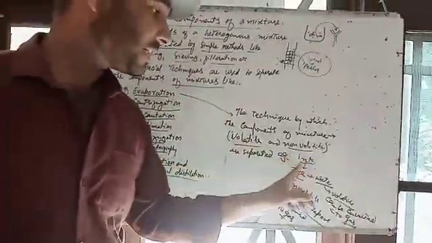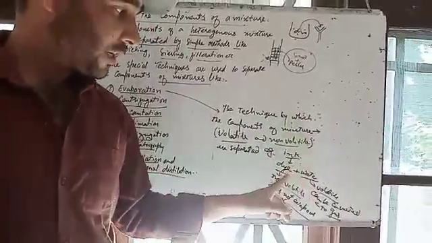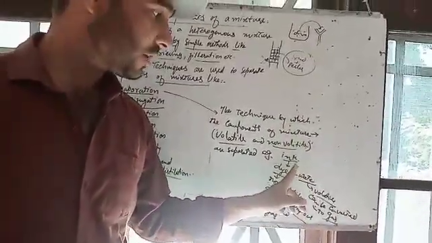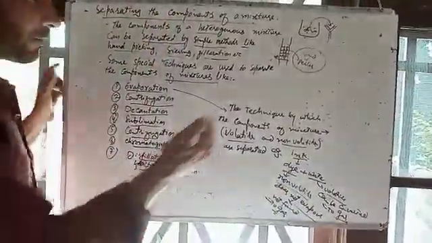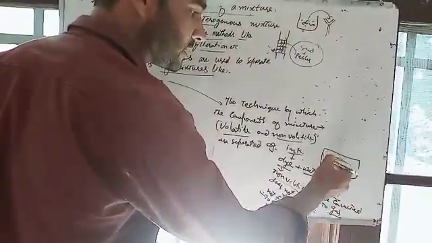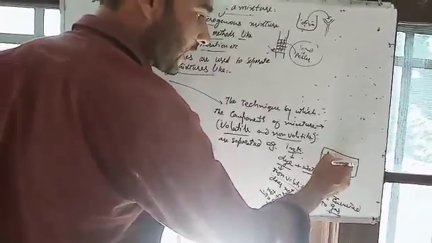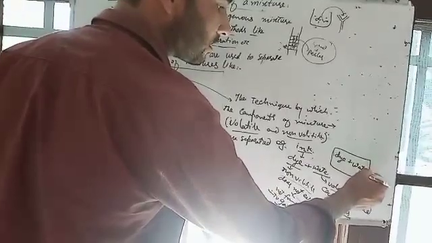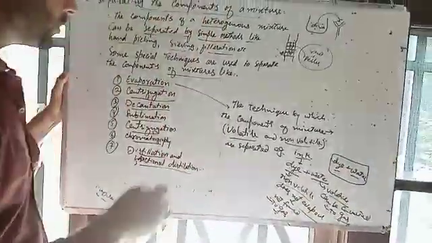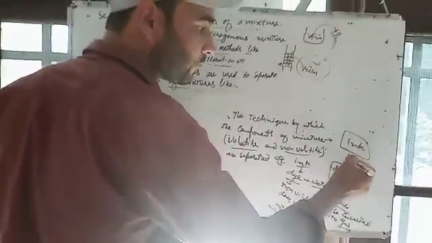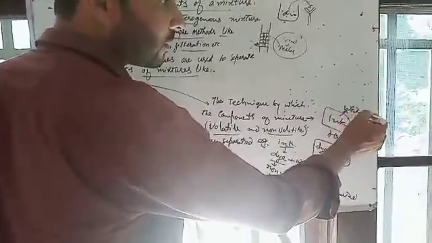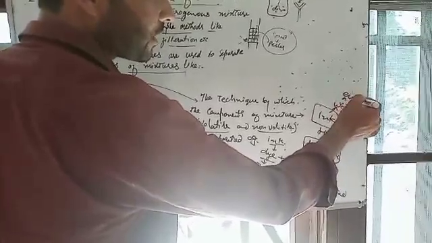This ink is a mixture made of dye and water. How will we separate the dye? By this technique, evaporation. What happens in this process? If you heat the ink, dye plus water, the water will evaporate.